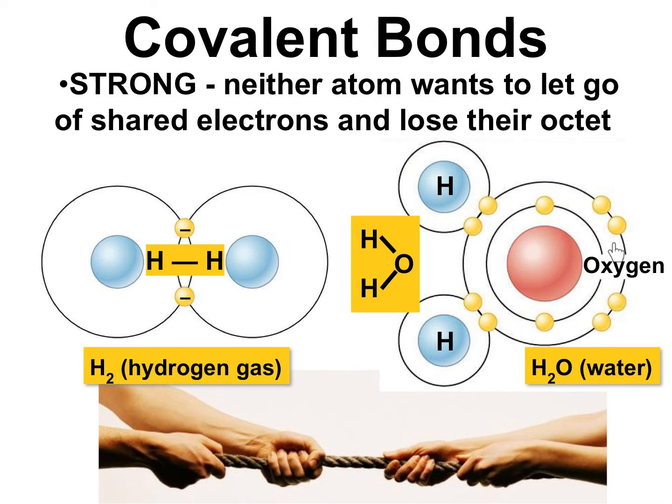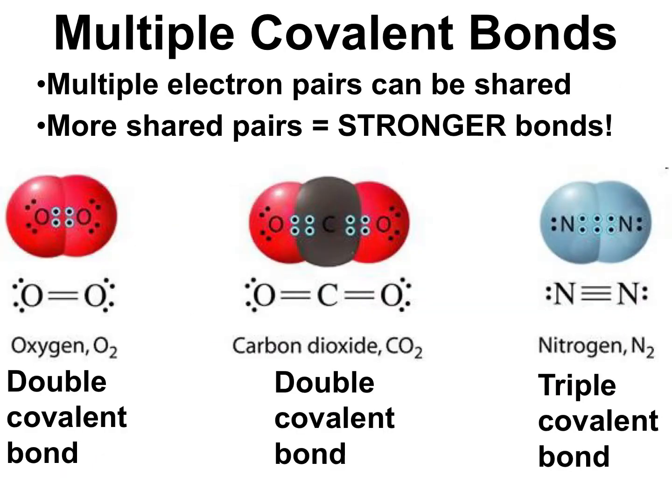Likewise, oxygen over here is on the hunt for 2 valence electrons to add to the 6 in its outer shell. And so oxygen shares 1 valence electron each with 2 different hydrogen atoms. And the result is the strong covalent bonds that bind hydrogen to oxygen in water, and neither atom in the covalent bond wants to let the electron go.